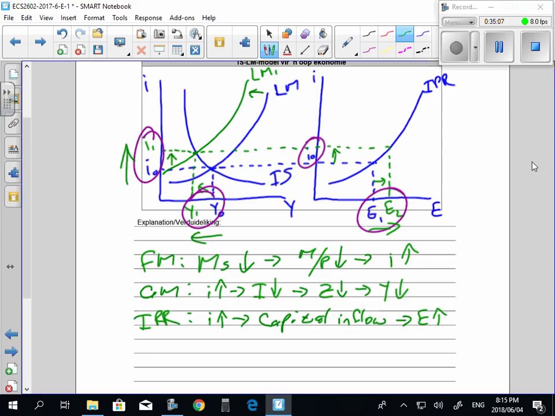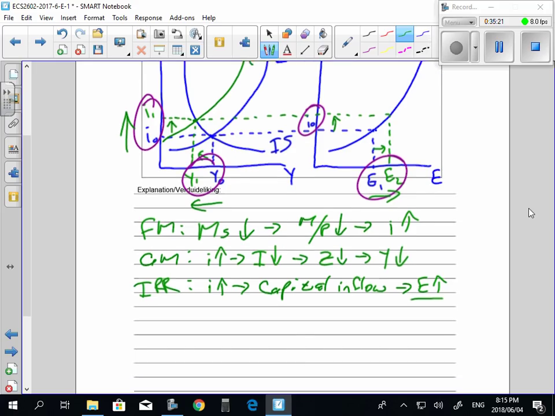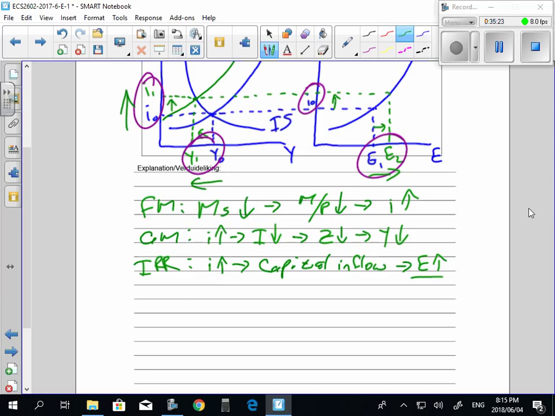Now, you could have stopped there, but at the end of the question, they said, explain the impact of this policy on the level of output and income and on the trade balance. So in order to explain the effect on the trade balance, what does an appreciation of our currency do? It makes our exports more expensive in foreign currency terms.